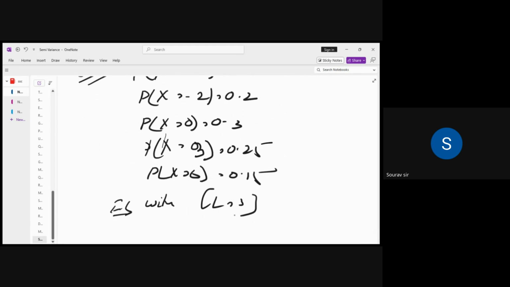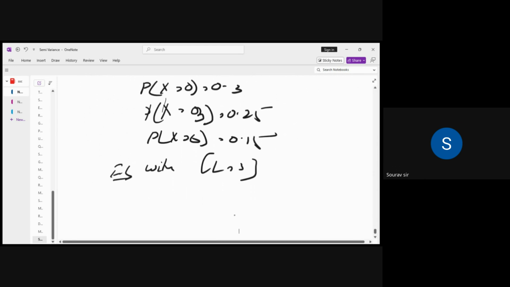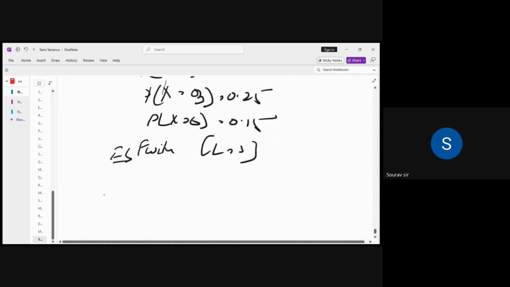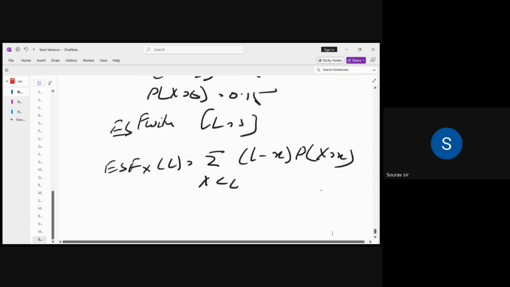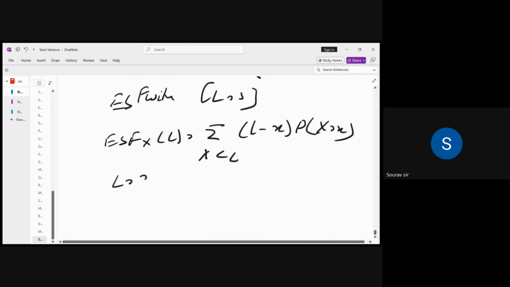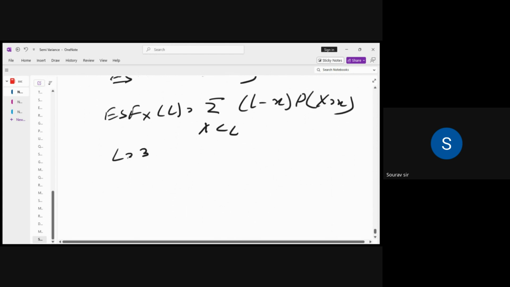I know that for the discrete distribution the formula is ES equals summation over x less than L of (L minus x) P(X equals x). Let me write it down. L is 3. We sum over the values of x that are below 3.